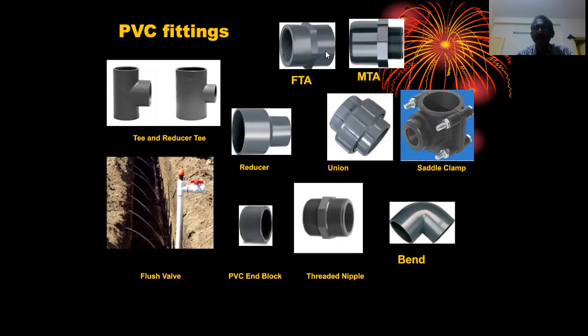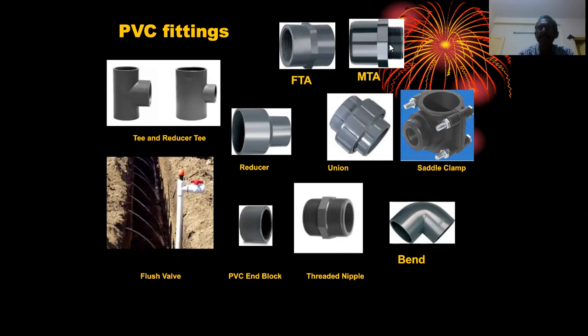These two components are used to connect PVC pipes with GI pipes. If the GI pipe has an external thread at one end, then one can use this female thread adapter to fit into that GI pipe, and from this side onwards, one can use adhesive to connect PVC pipes.